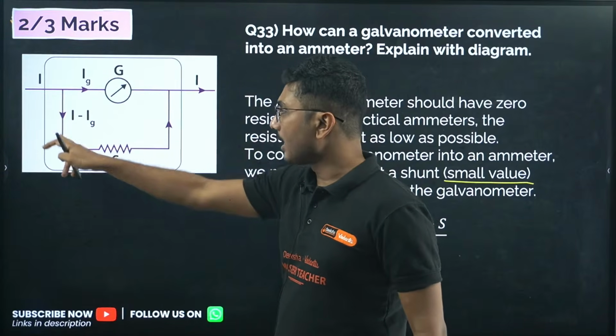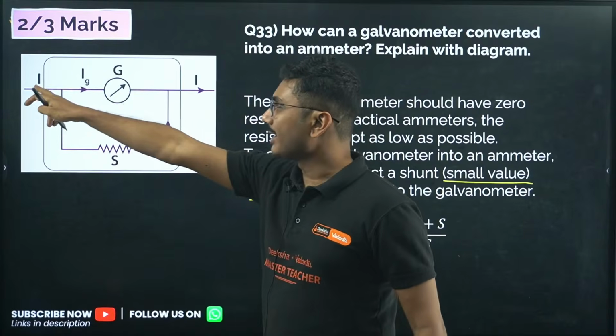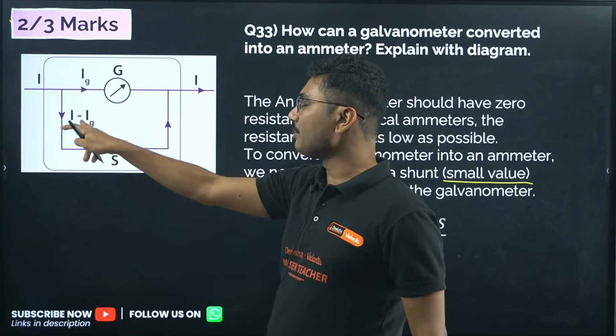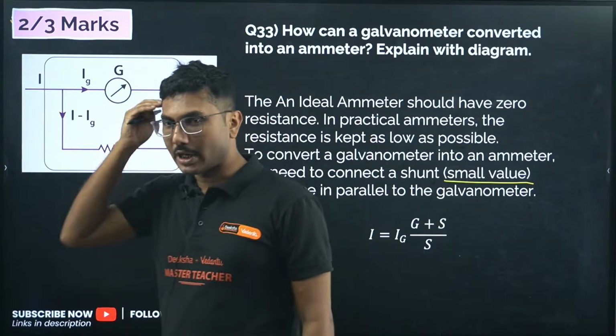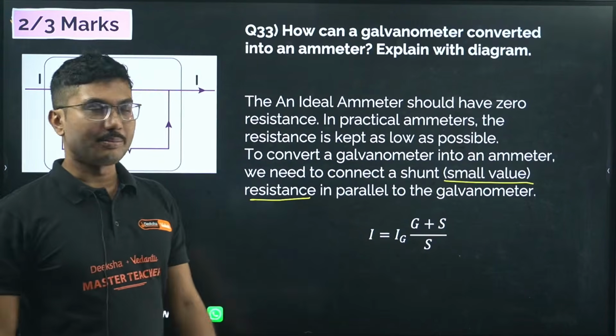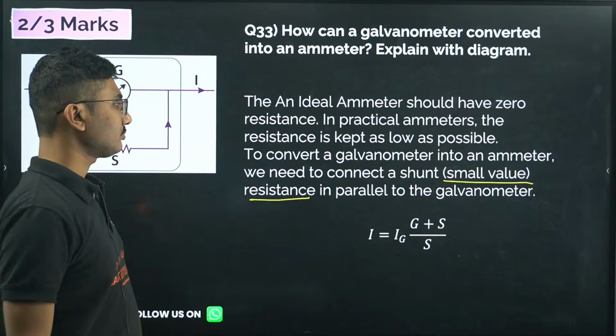Galvanometer, in parallel one resistance is there, the current coming in is I, current going into the galvanometer is Ig, and I minus Ig passes through the shunt. Memorize these diagrams in your head. Okay, I equals Ig into (G plus S) by S.